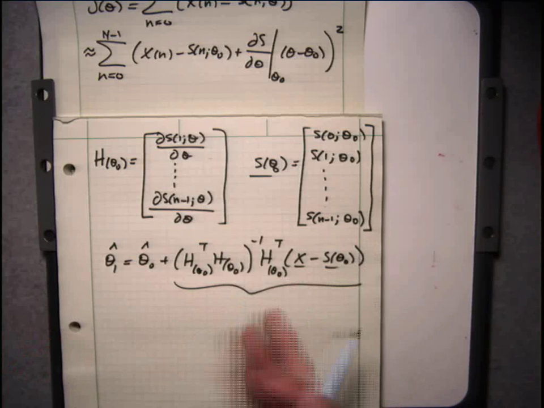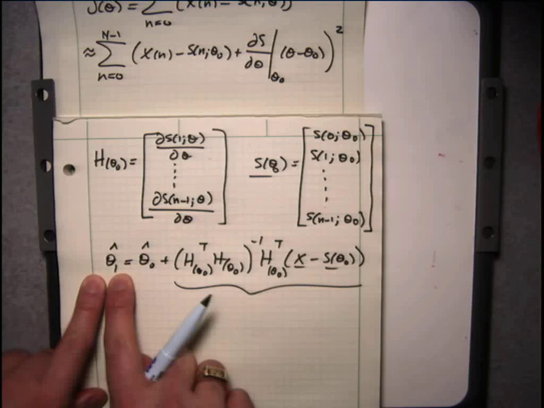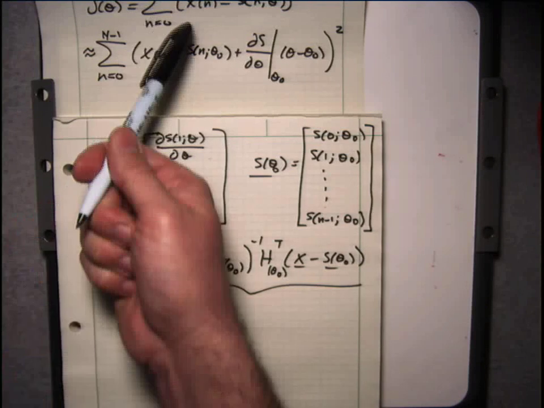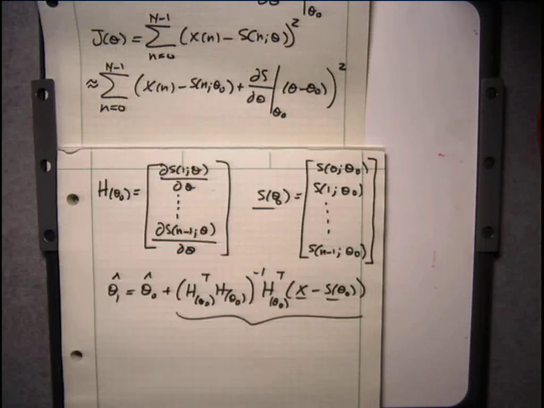So you keep repeating this. You get this new estimate, theta 1, and now you go back to this expression and relinearize the problem in terms of theta 1. You get a quadratic cost function in terms of theta. You solve it again, you get a least squares type formulation, and then you just update.